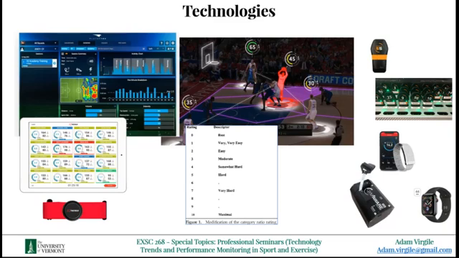And wristwatches typically hang their hat on heart rate, accelerometry, or both to collect information. But we'll talk about the pros and cons of using a wristwatch versus some of these other more fancy and expensive pieces of tech, like a heart rate belt, chest strap, and GPS or accelerometry devices that are not worn on the wrist a little bit later in the course.